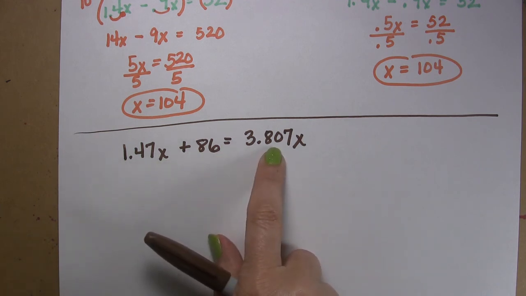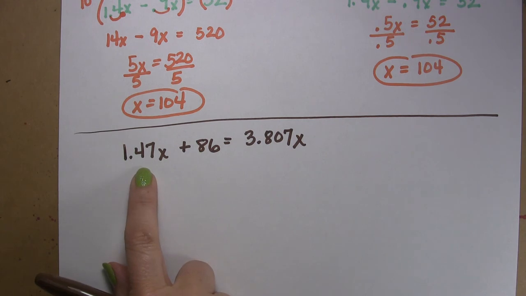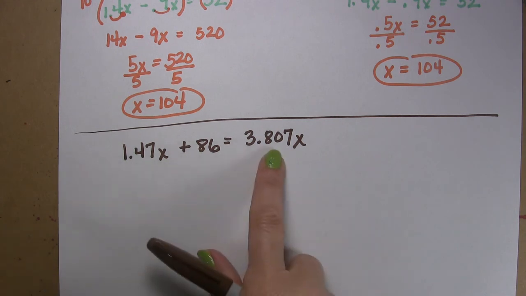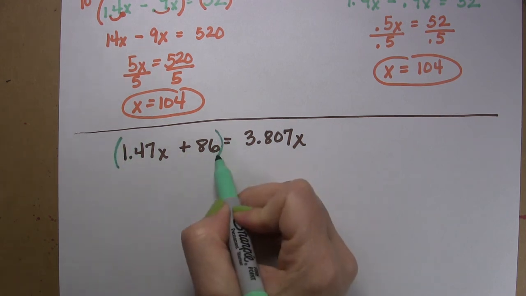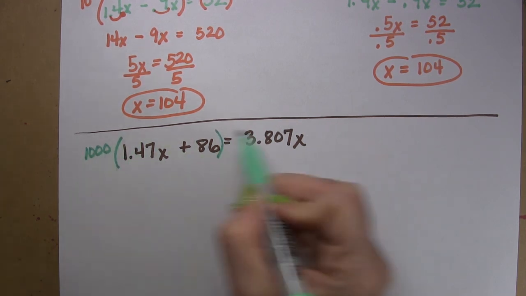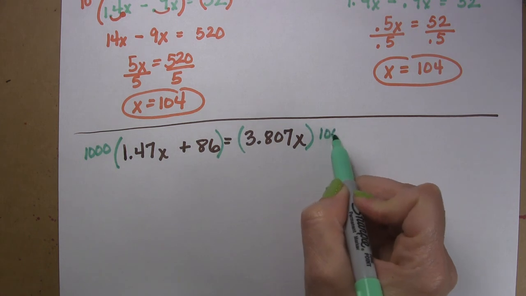Well, that's not allowed. You can't move one side of your equation only by 100 and the other side of your equation by 1,000. That would be cheating. And it would also give you a wrong answer. So instead, we're just going to go with a bigger number. We're going to multiply both sides by 1,000.